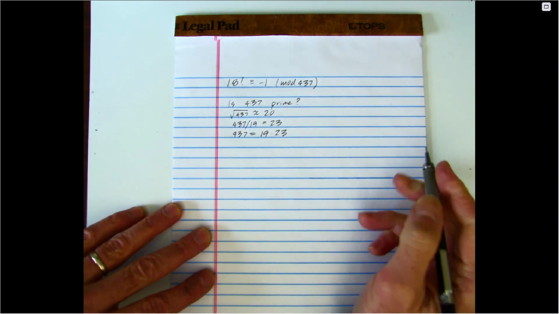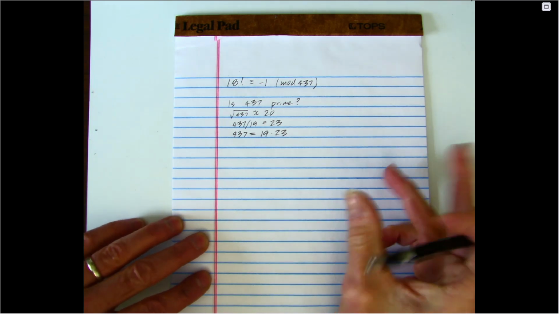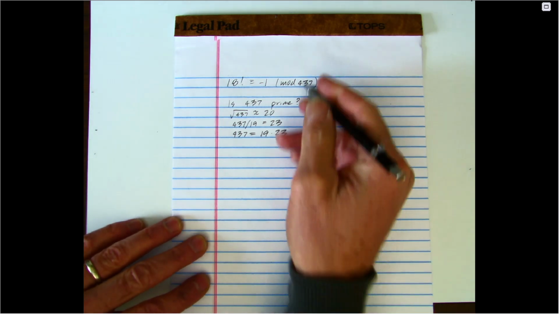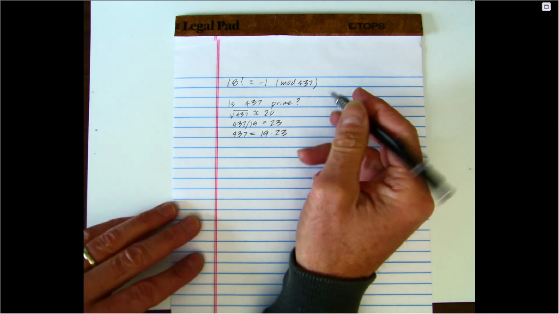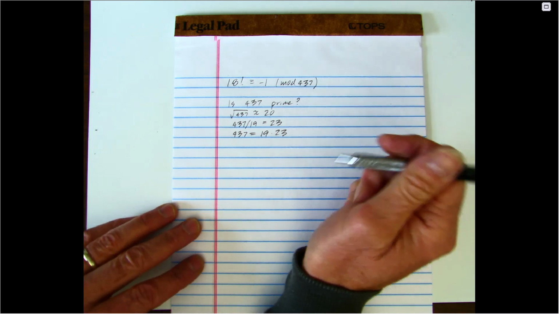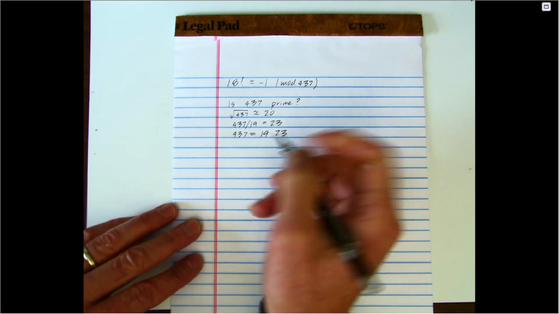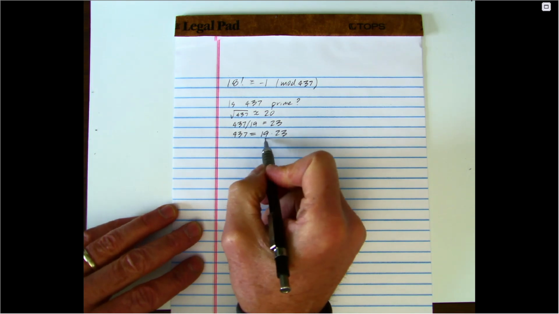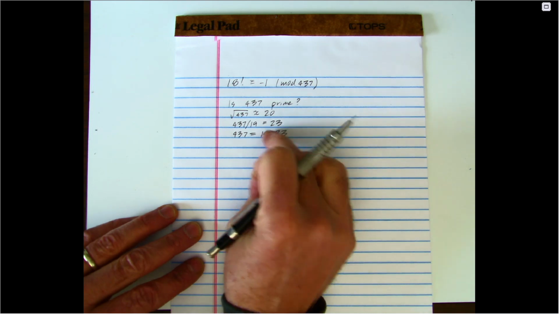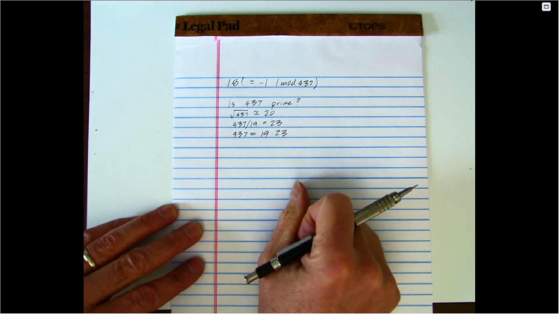So right away we realize we can't use Wilson's theorem in the modular setting of 437, but we could use it for 19 and 23, and then hopefully combine them to get something in mod 437.